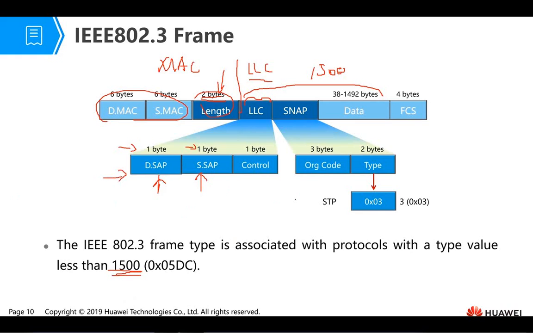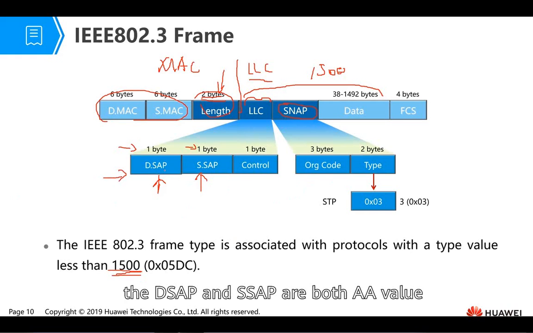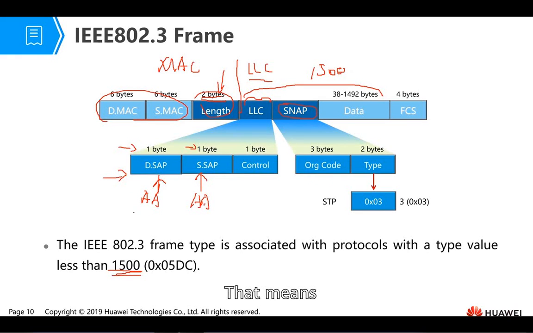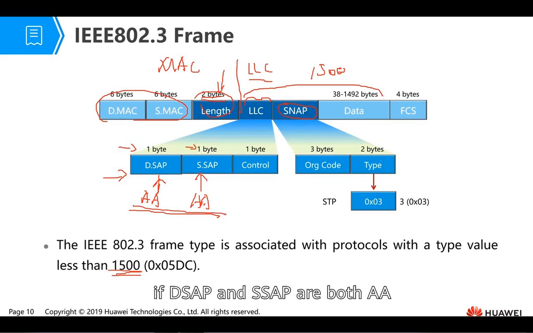So there's another format we call SNAP. In SNAP, the DSAP and SSAP are both the AA value. That means if DSAP and SSAP are both AA, then we use the SNAP format.